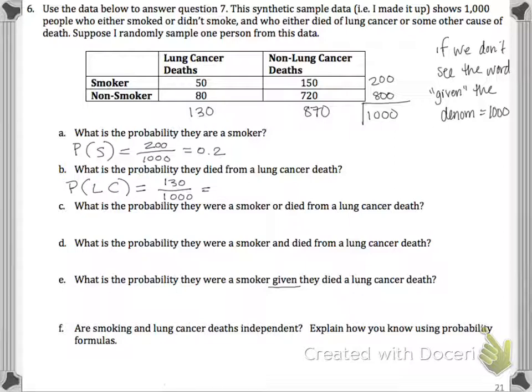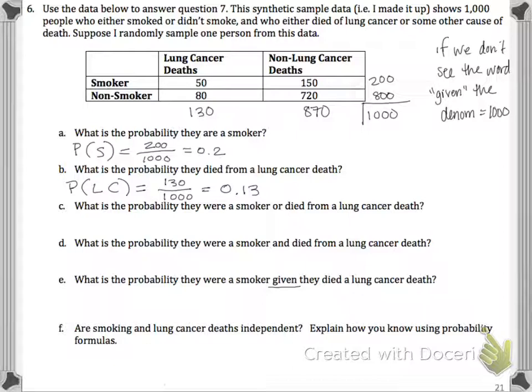Oh, my answer is wrong on my packet. Wonderful. I'm using my packet as my solutions, and I just realized that my answer here is wrong. I have 870, but 870 is the people who did not die from lung cancer. So I'm going to try to make sure I fix this before you guys have to take a look at it.